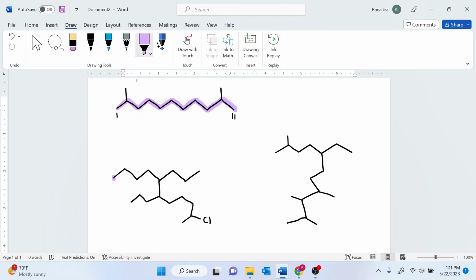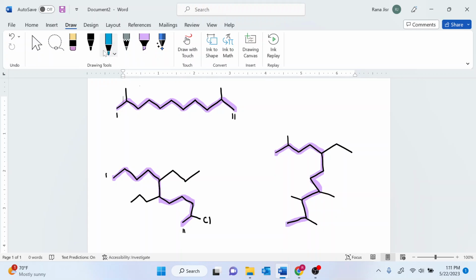Like for example, here, if I start from this carbon and go all the way, this is a 3, 4, 5, 6, 7, 8, 9, 10, and 11. See, this is my chain in here. So I can start this way. This is 1 and this is 11 carbons. I can also start like that. I can start from here 1, 2, 3, 4, 5, 6, 7, 8, 9, 10, and 11.